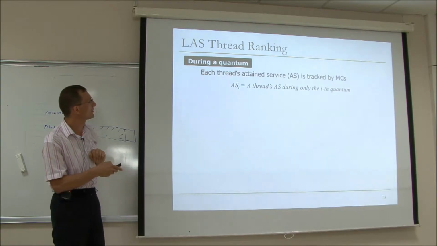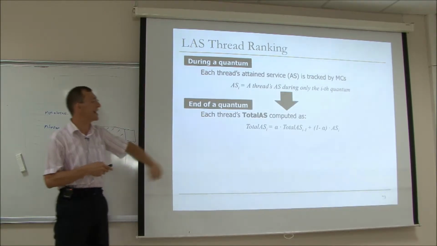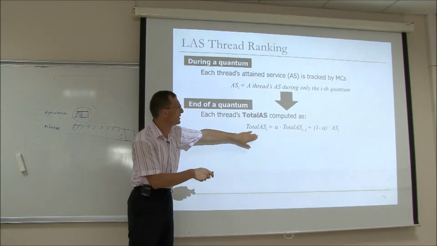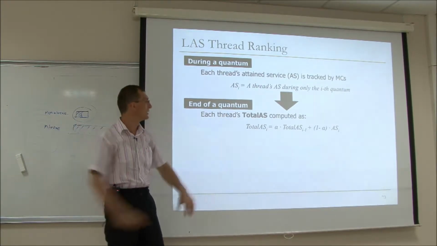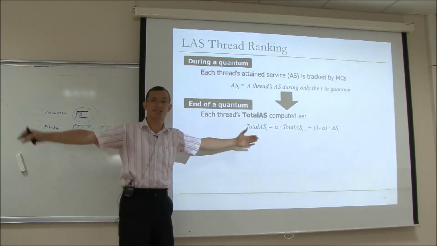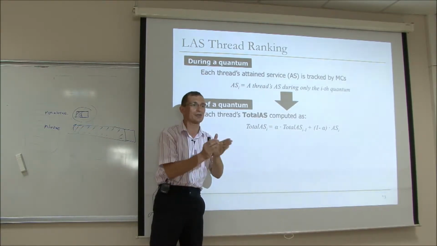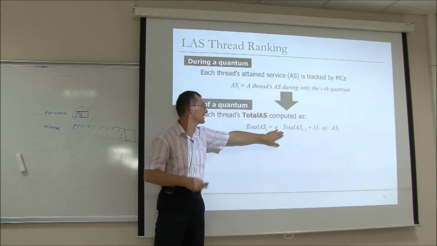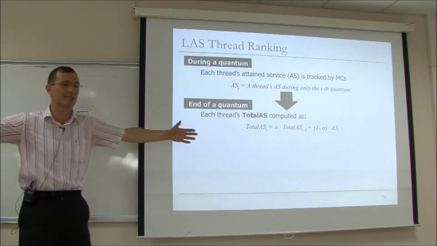And at the end of the quantum, each thread's total attained service is computed as a weighted sum of the attained service in the previous quantum and the total attained service in all of the past quantums. So you get a total attained service across the entire execution of the thread. And this weighting determines how important the last quantum is compared to the entire history. And you can actually use this to figure out how much of past history you take into account.